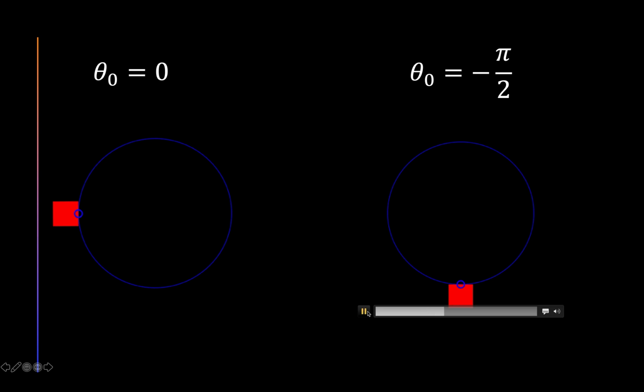It will stay at this position forever, obviously, since it's a stable equilibrium. If it starts at pi over 2, this is an unstable equilibrium, and in general, it will stay there, but if you give it any sort of nudge, either to the left or the right, it will start falling.